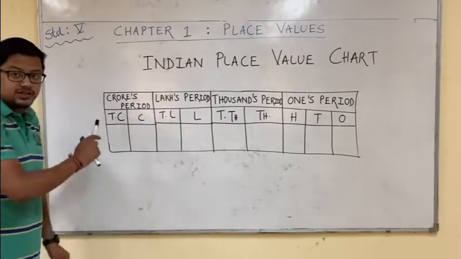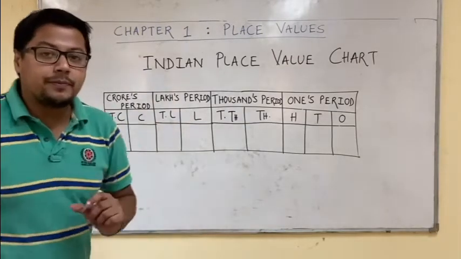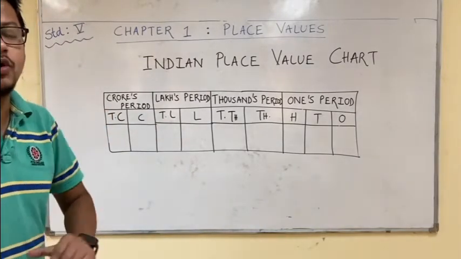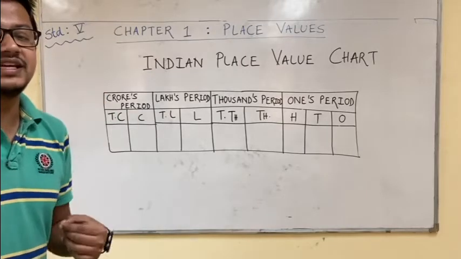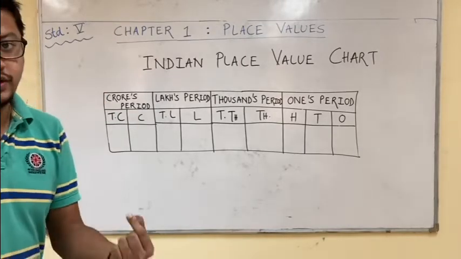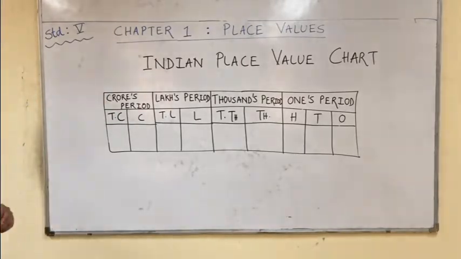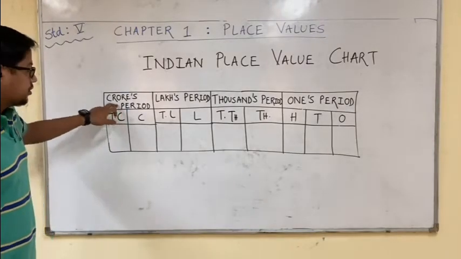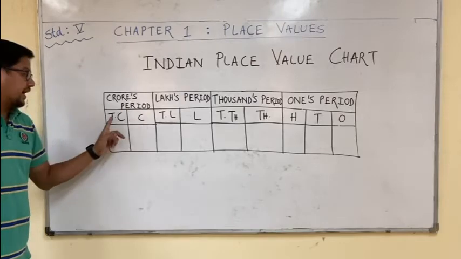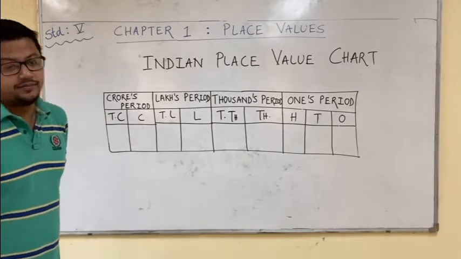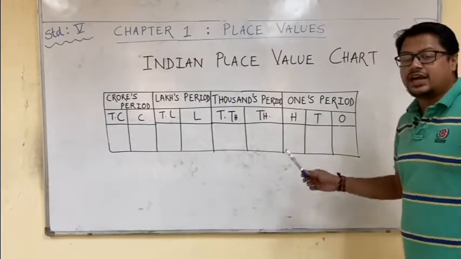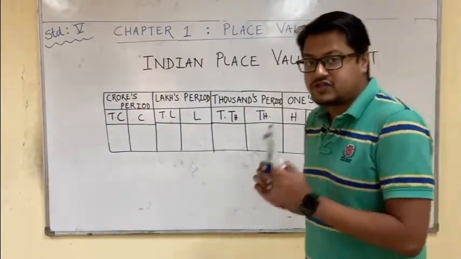And inside crores period, now there is one thing, many of you may pronounce this wrongly, but it is not pronounced the way many of you say it, you have to pronounce it correctly as crore. Okay, crore. So inside crores period we have crore and 10 crore. Okay, so this is the basic layout of Indian place value chart for 5th standard.